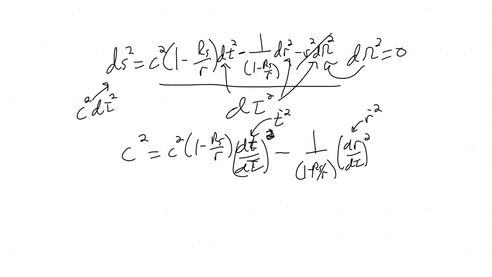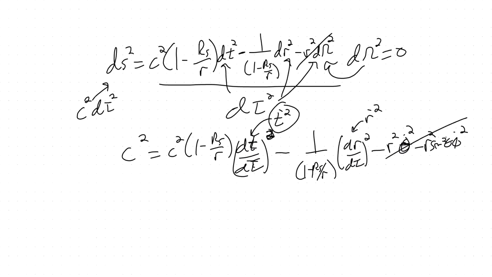And actually, if I wanted to keep these, we could complete it. You would get minus r squared theta dot squared minus r squared sine squared theta phi dot squared. If you're just meticulous, you go through, you get those things. Great. Now, if I divide by c squared, I can solve for t dot. So if you want to pause, solve for t dot squared, make this 0.